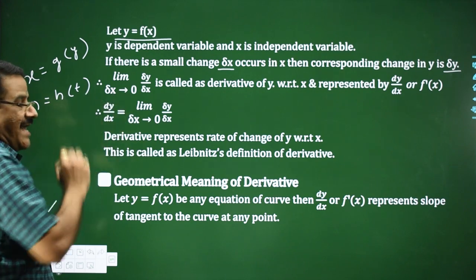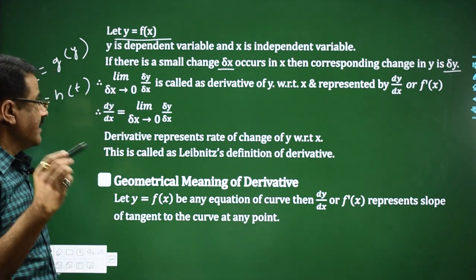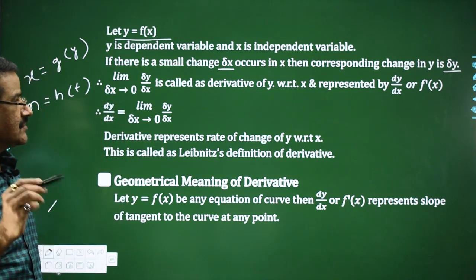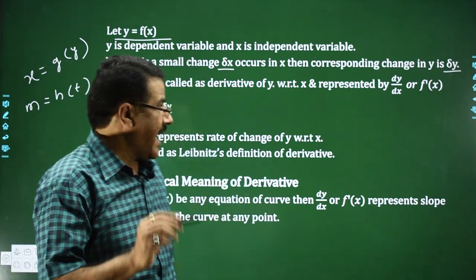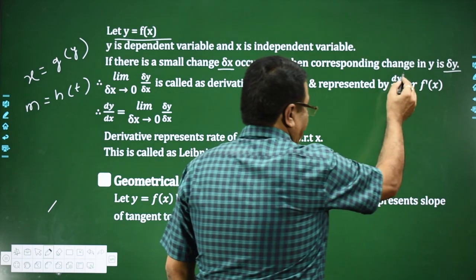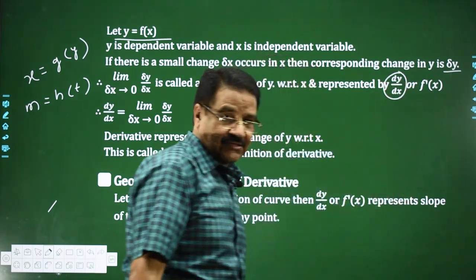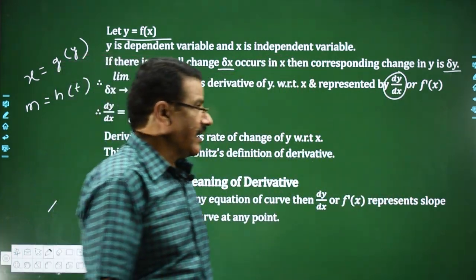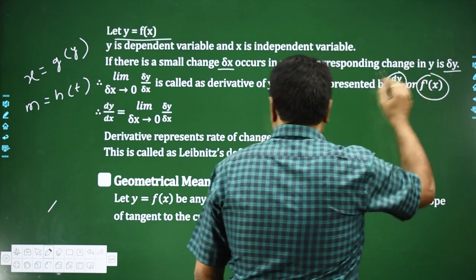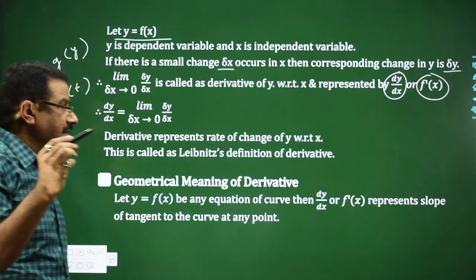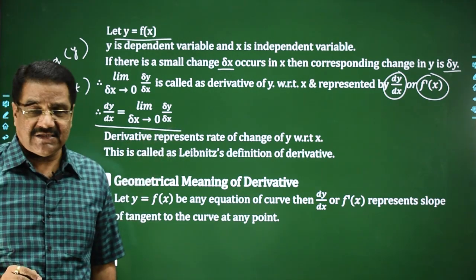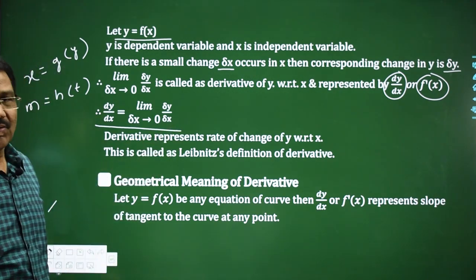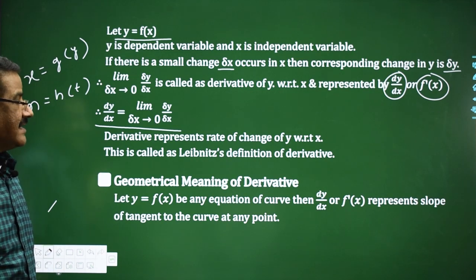Then the limit as delta x tends to 0 of delta y upon delta x is called the derivative of y with respect to x, and it is represented by the symbol dy by dx, or sometimes we also call it f dash of x. So the definition is dy by dx is equal to limit delta x tends to 0, delta y upon delta x.